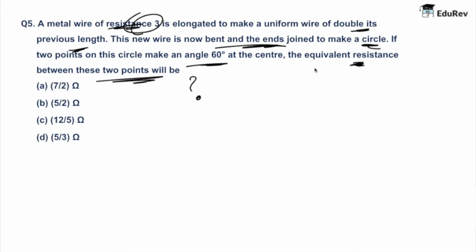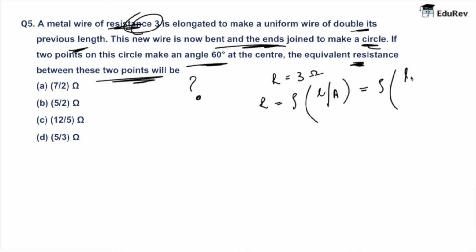Okay, so I would say that R equals 3 ohms. Then the formula of R is this, and we all know this. I'm just going to write it down and manipulate it a little bit. So it's going to be L square by V. And after that, I know that R is directly proportional to L square. Now I know that the resistance which is given here is 12 ohm, and this is basically the new resistance.